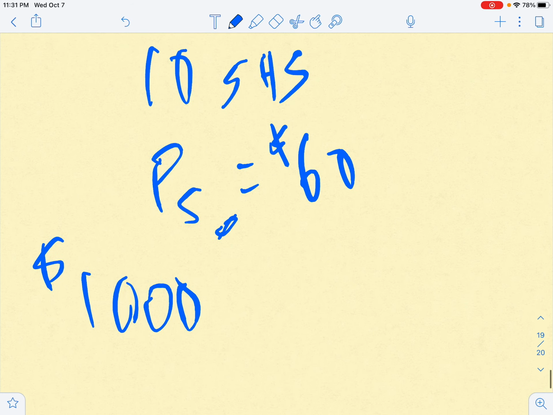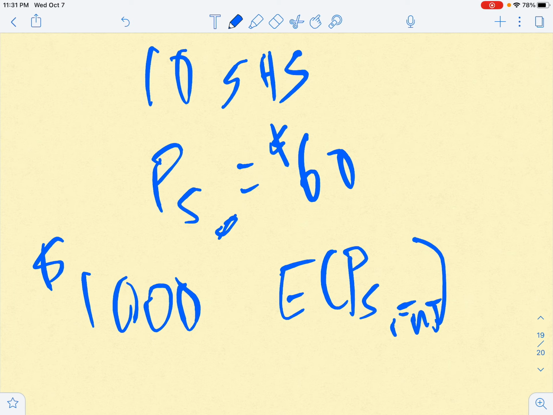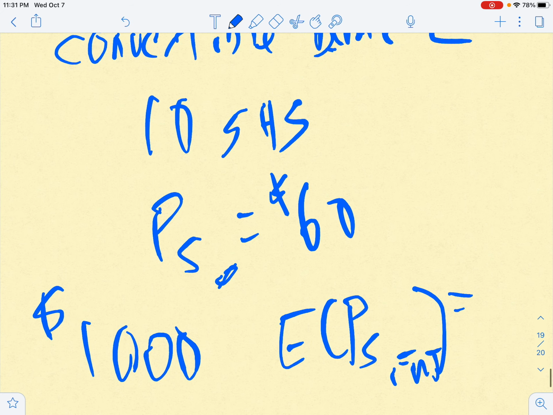But the idea is they must have some expectation that the price of the stock at some date in the future, I'll call it the price of the stock, FUT, subscript, maybe they think that's going to be $150 a share.